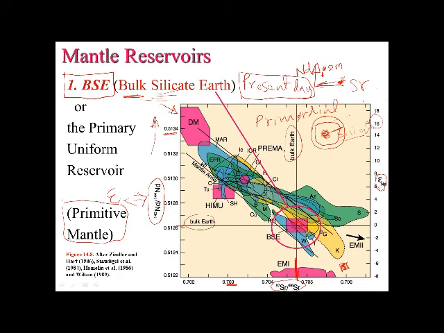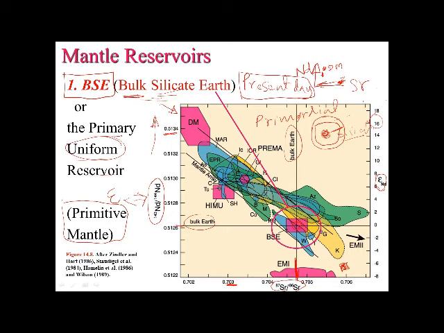That's the original reservoir from which we had the depleted mantle and the EM reservoirs and everything; the lower crust and upper crust, everything formed after that. So we consider this primitive mantle as the primary, uniform reservoir. We consider it uniform because there was no crust formed at that time. Everything was together, the silicate portion was together. So uniform means the silicate composition was there together.